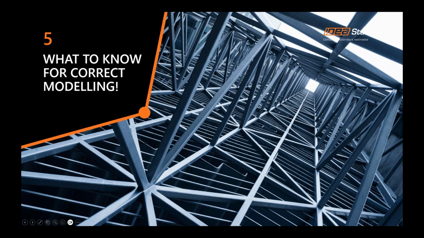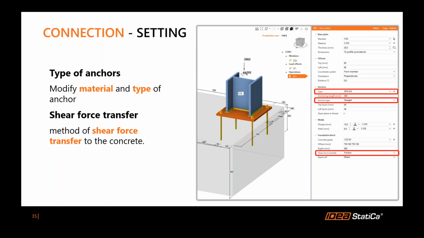Okay. All right. Thanks, Andrzej, for the practical demonstration. Let's have a look at what to keep an eye on during the modeling. So, the setting of the anchors and how to define the anchors in StatiCa Connection.